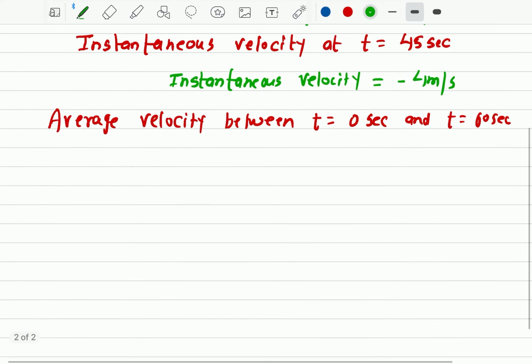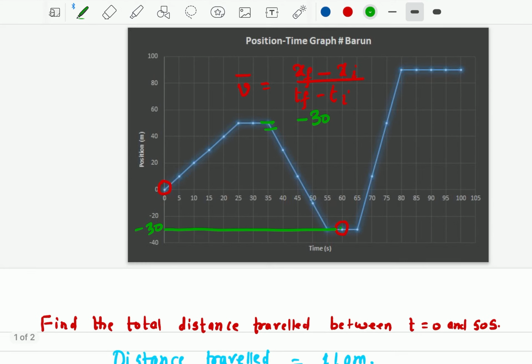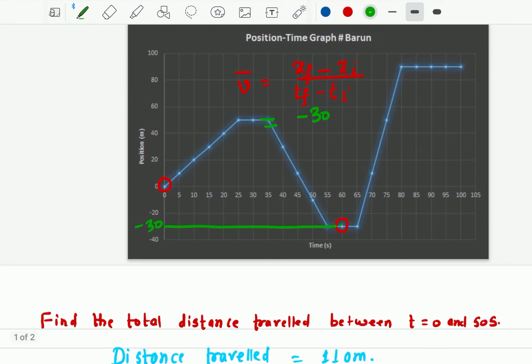And why is that? Because we are interested in calculating at time equals 60 seconds. So at time equals 60 seconds, my position is -30. At time equals 0, my position is 0. So the final time is 60, initial time is 0. If I do the math, I will get -0.5 meter per second.